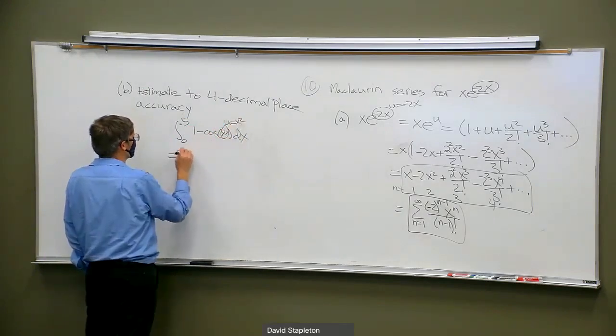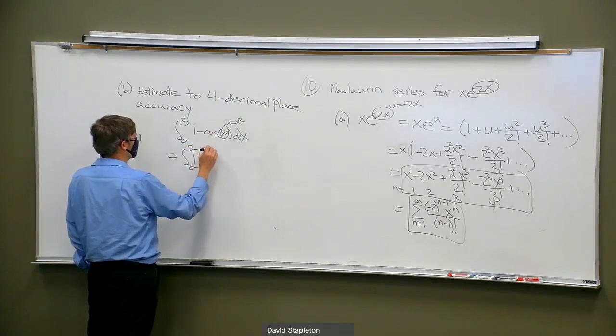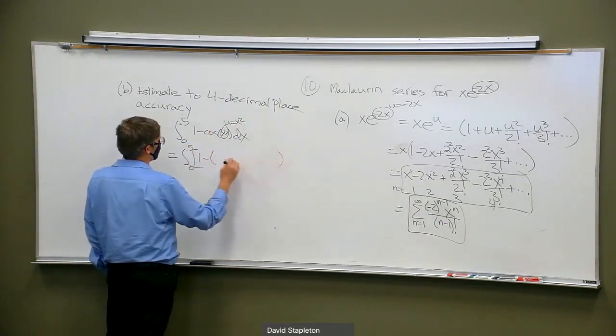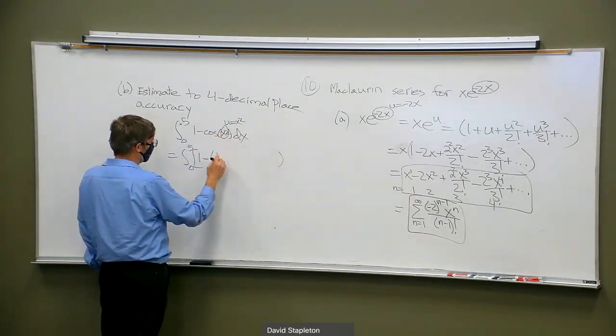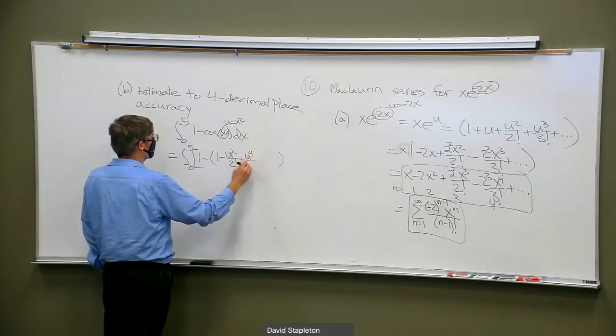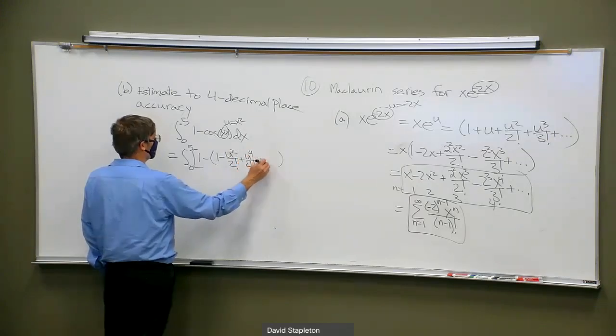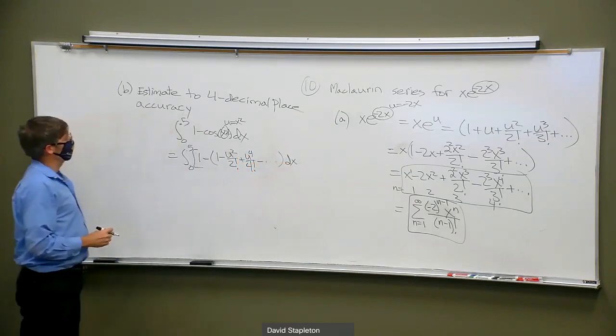So I can say this is the integral from 0 to 0.5 of 1 minus, and then cosine u is 1 minus u squared over 2 factorial plus u to the 4 over 4 factorial, etc. There's that.